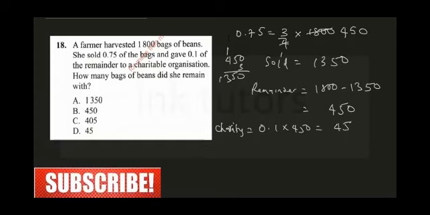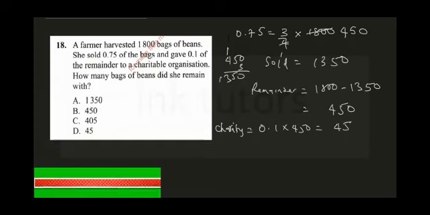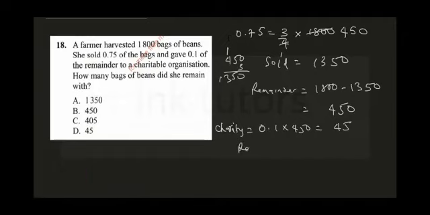So that means 45 was given to charity. So what is remaining? Remaining will now be 450 minus 45, and that will give us 405. So final answer, it's 405. So the correct answer is what? C. Now this is question 18, so that will take us to the next question.